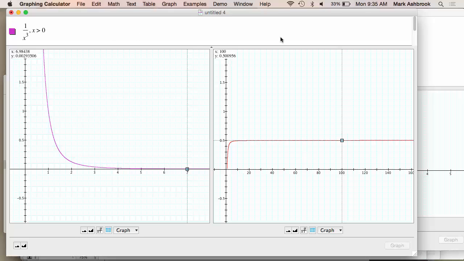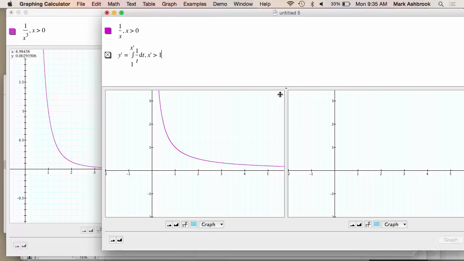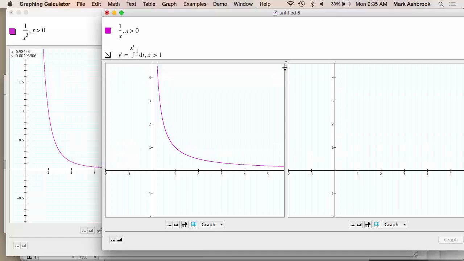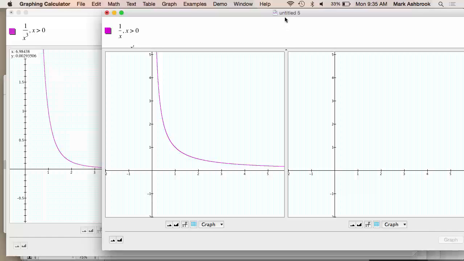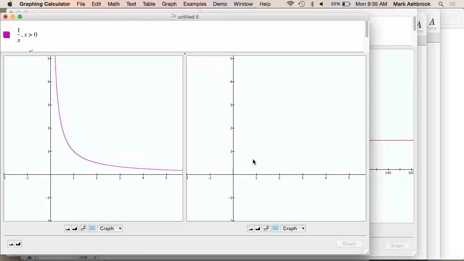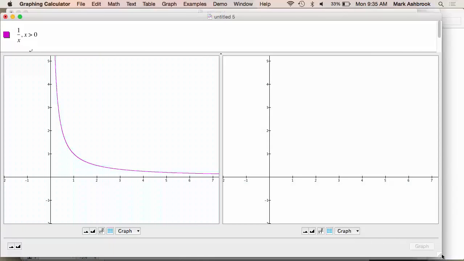So what happened when you did it for 1 over x? Again, 1 over x is always positive and gets very small. What happened to the total amount of the quantity indefinitely?